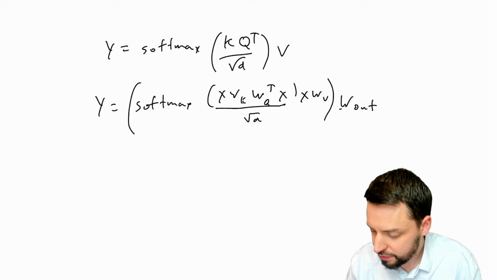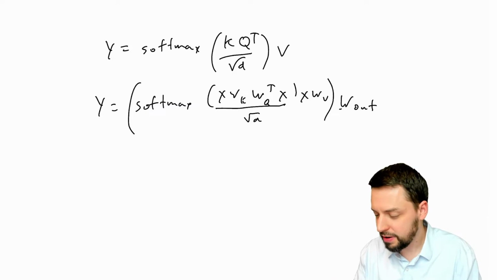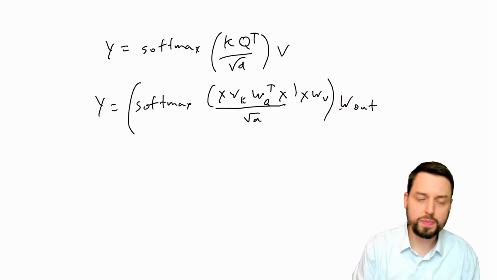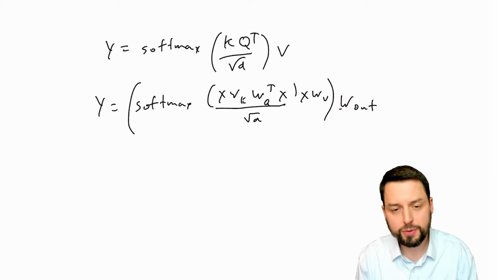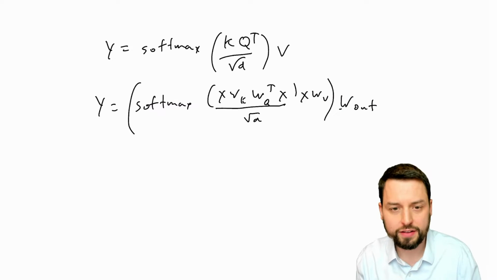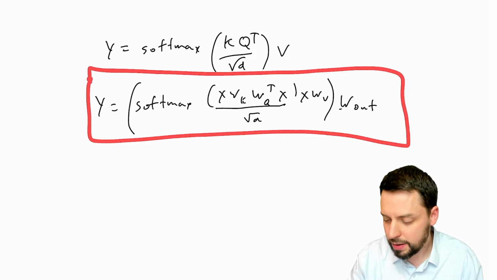This, strictly speaking, is not really necessary, right? Because you could always just lump together W out into WV there. But especially when it comes to multi-head attention, we'll see why we might want to do these things separately. So we'll actually have a separate matrix here to follow conventions. All right, but this is the basic operation we're going to implement here as a self-attention layer.